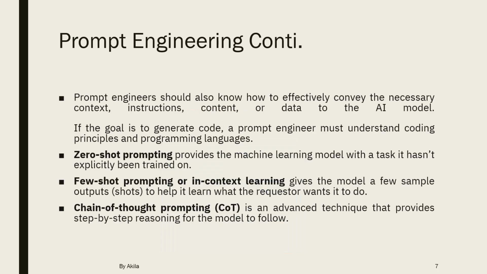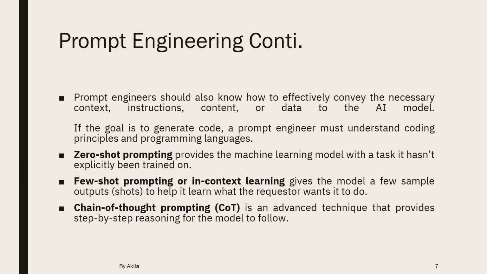Based on that, prompt engineering is divided into three basic concepts. One is zero shot prompting, which provides the machine learning model with a task it has not explicitly been trained on. It tests the model's ability to produce the relevant output without relying on prior examples.